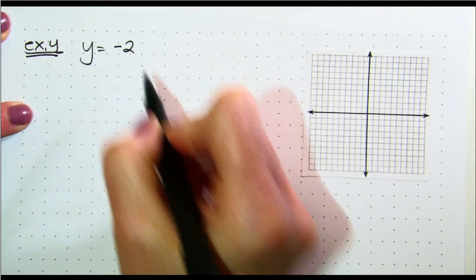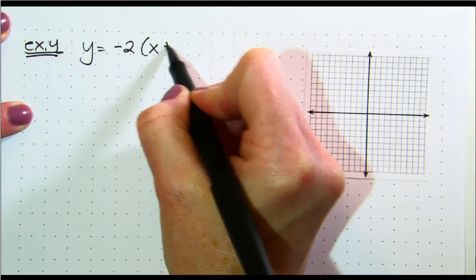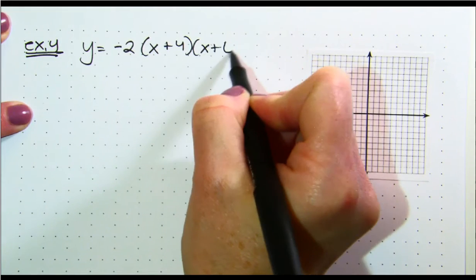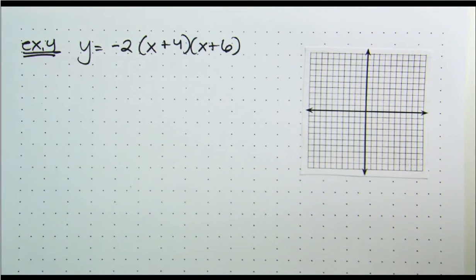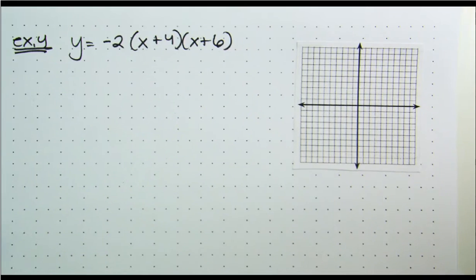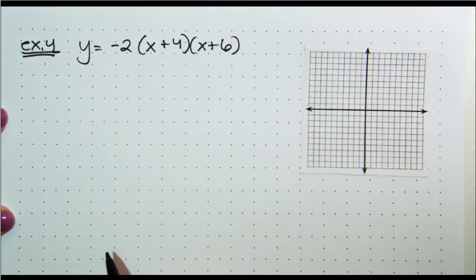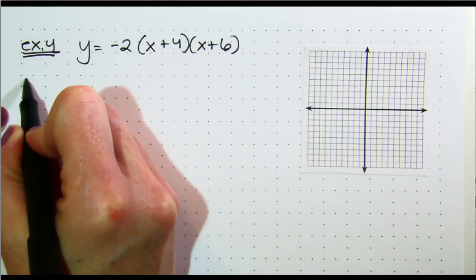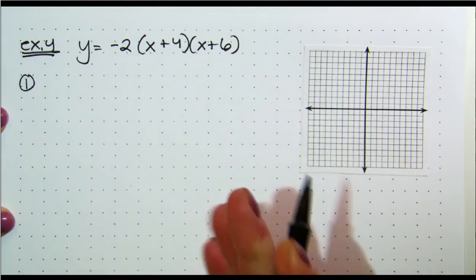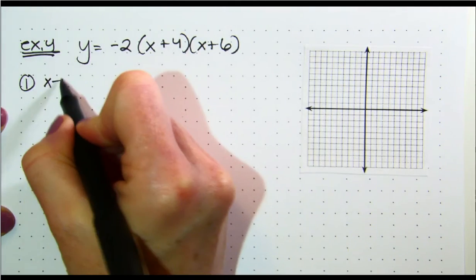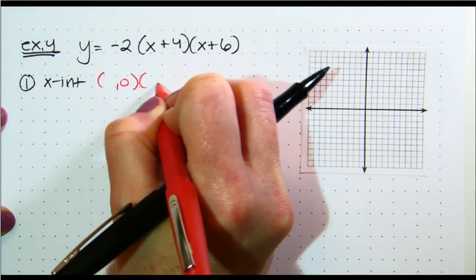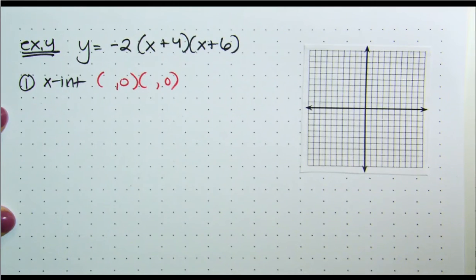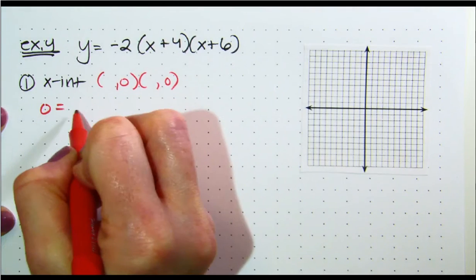y equals negative 2 times the quantity x plus 4 times the quantity x plus 6. So if negative 2 is my A, I can think, okay, it's going to open down, right? Any little patterns you can see that you can use to mentally prepare yourself for what's going to happen is always good. So my x-intercepts, I'm going to make y equals 0.